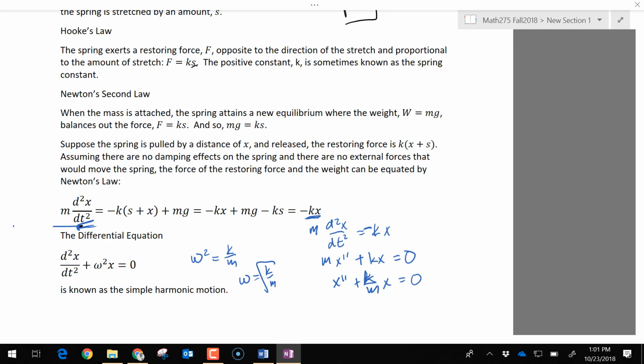It's called omega. It's a Greek letter omega, and what do they use it for in physics? Frequency.